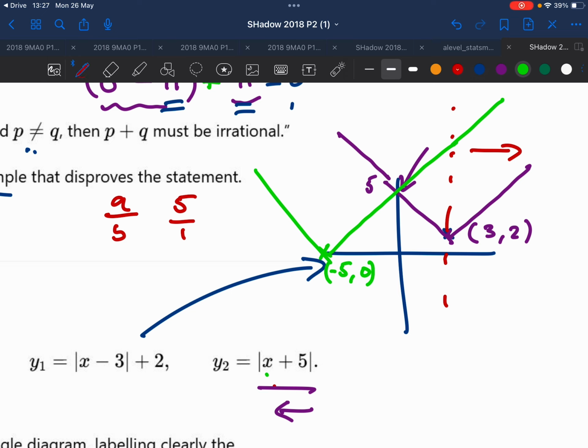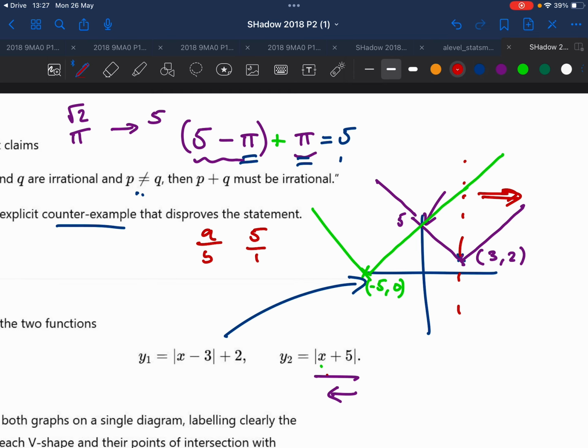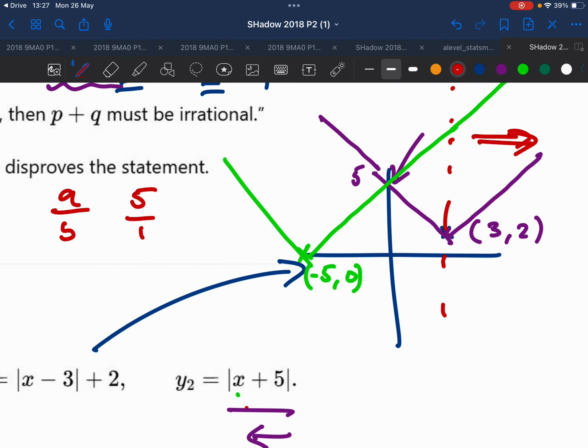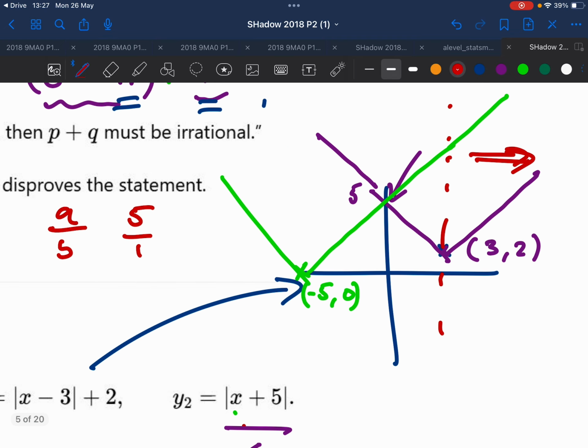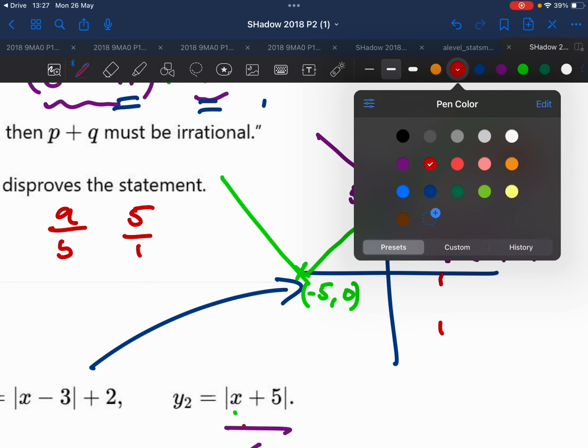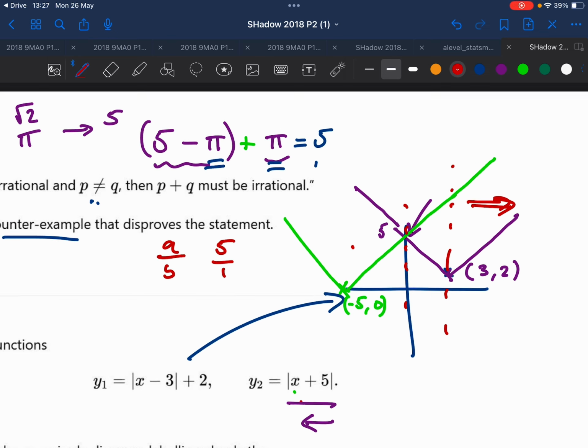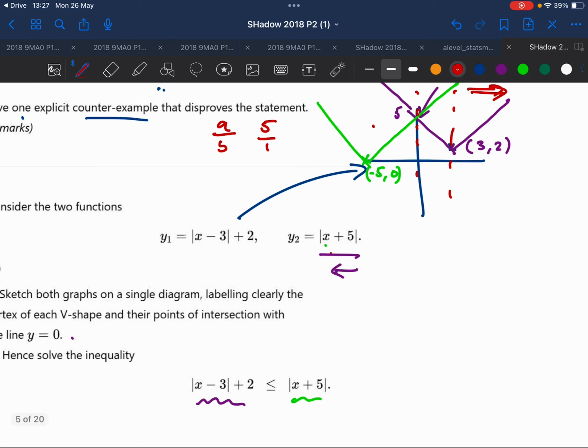So all the way over here, 3 or more, this case is true. But it's also true in this other region here, okay? Because at this point, the green line's still going down, whereas the purple one's going down. So surprisingly, when you sketch this it isn't too bad at all. They're equal at 5, so I think we're just saying x is greater than or equal to 0 for this one, okay?